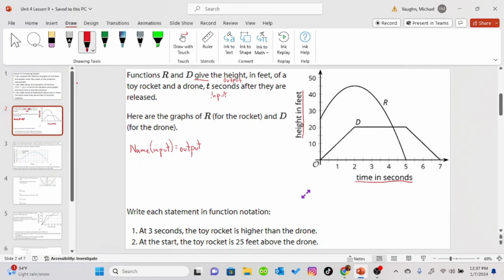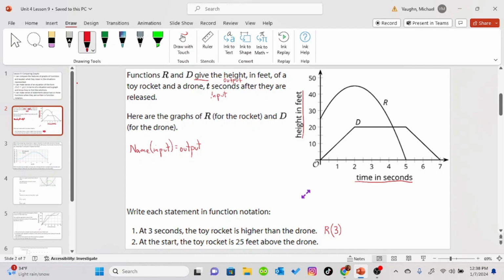Number 1, at 3 seconds, the toy rocket is higher than the drone. So the function for the rocket is capital R. The input is the time in seconds, and they'd want 3 seconds. So that's capital R and 3 in parentheses.